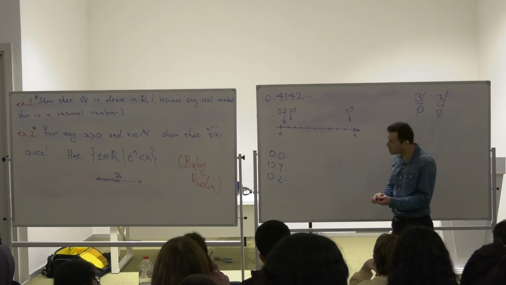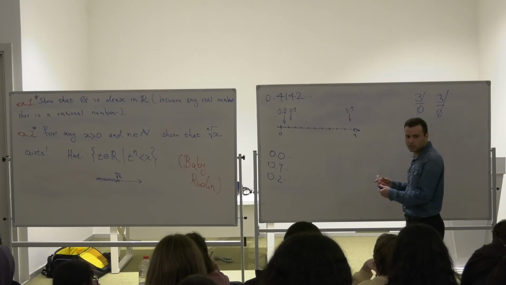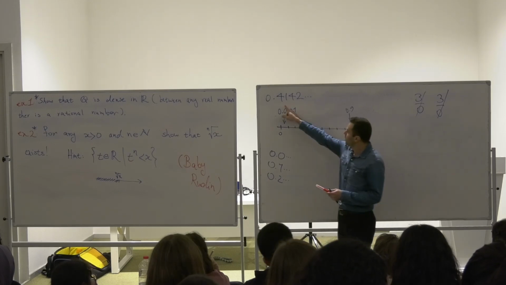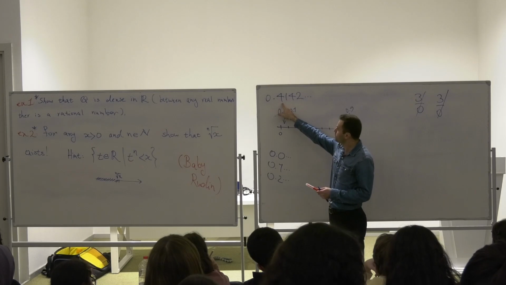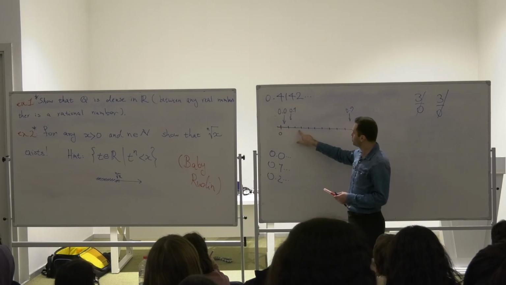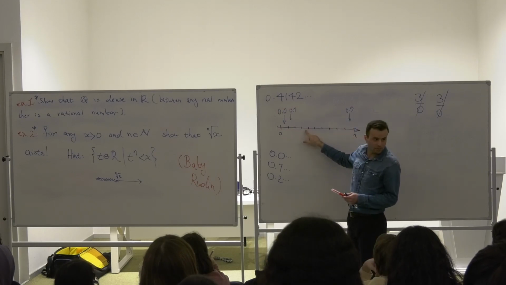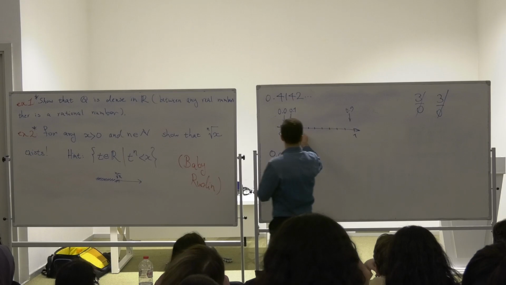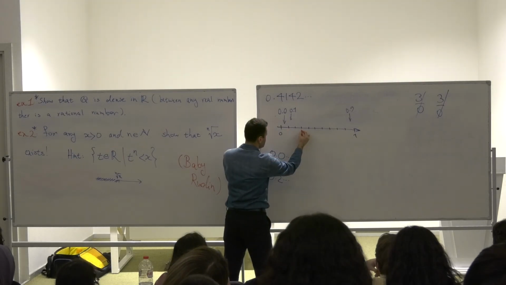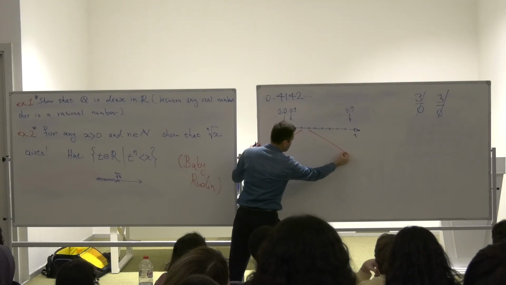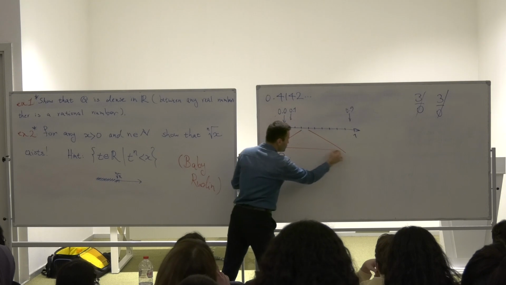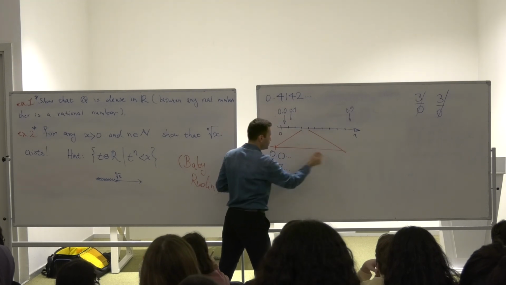How can we do it? In the first street, which block should I choose? 0, 1, 2, fourth one, right? This one here. Let's zoom in on it, okay?